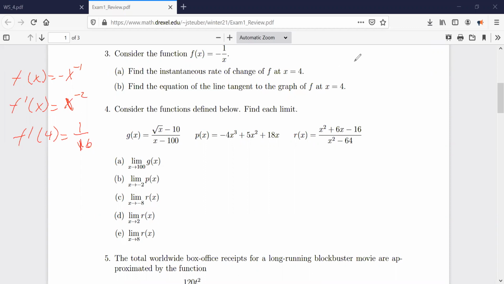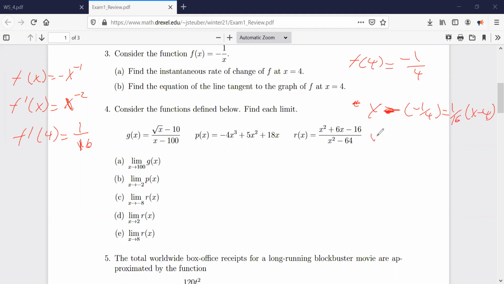So then I'm just going to plug in f of 4 is equal to -1/4, and then I have x, so 4, so y minus -1/4 is equal to 1/16 times x minus 4.